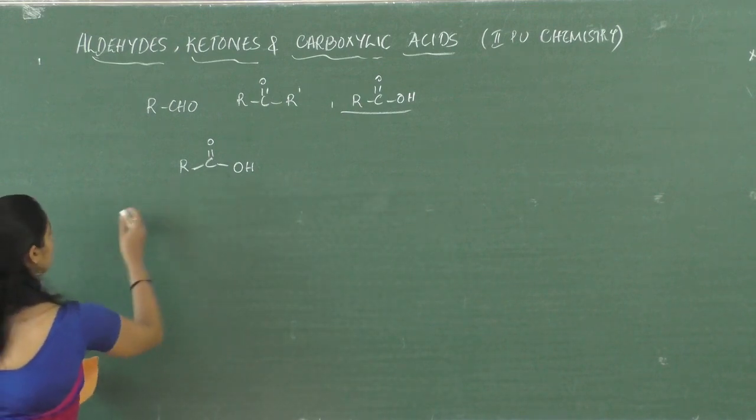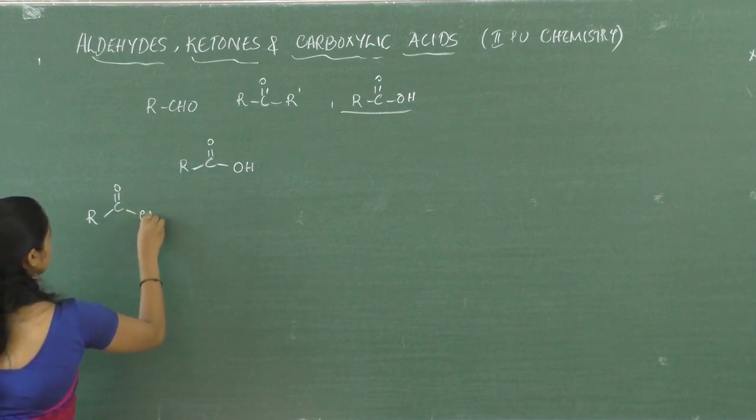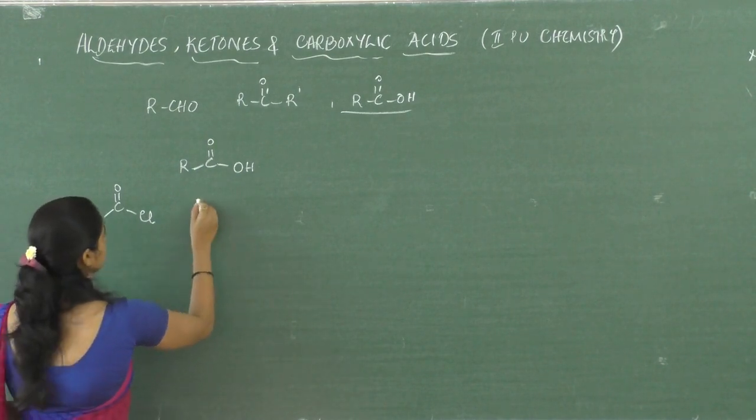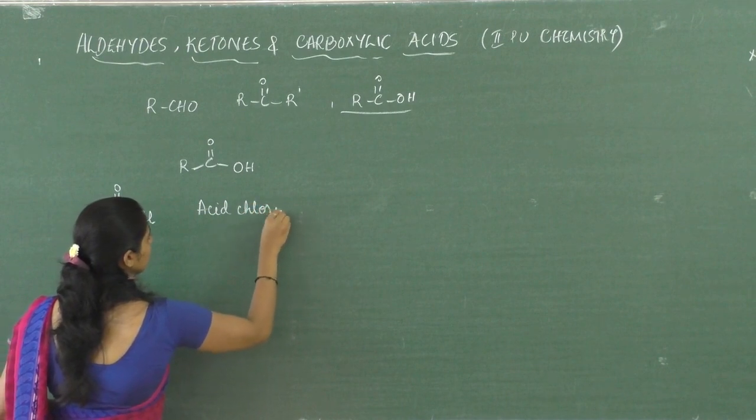So if the OH group is substituted by the chlorine atom, then this is termed as acid chlorides.